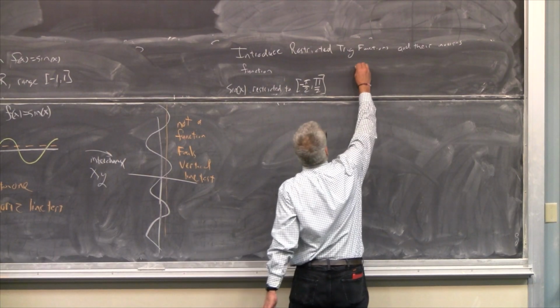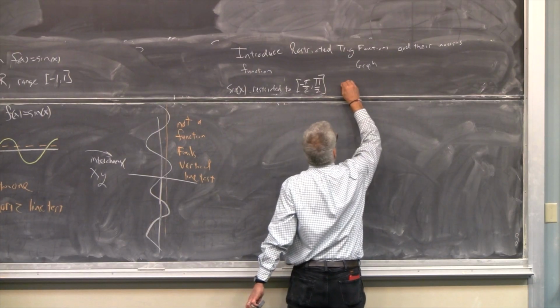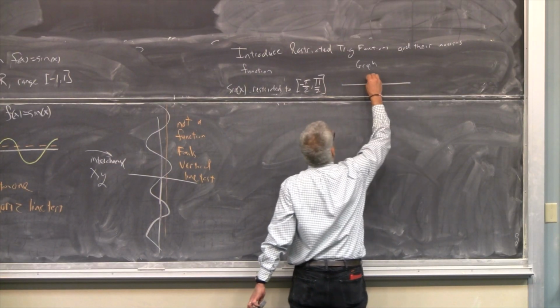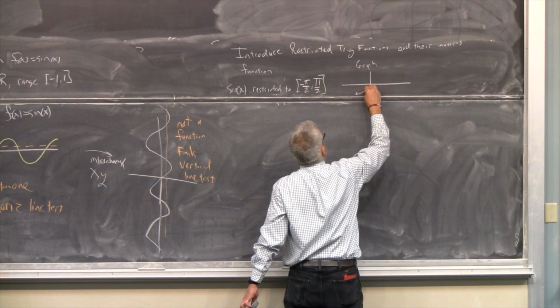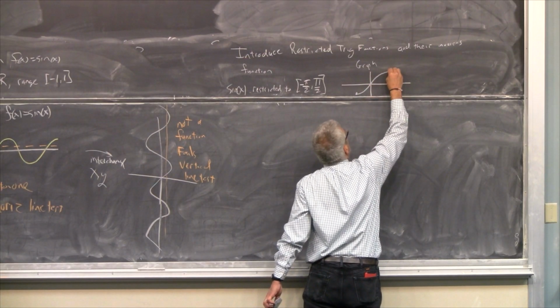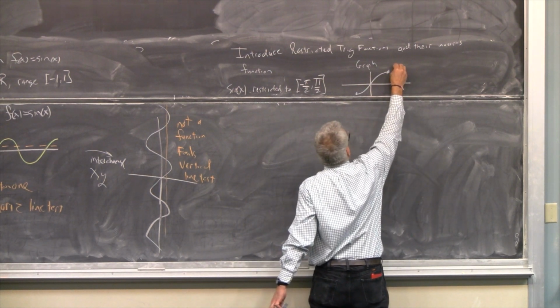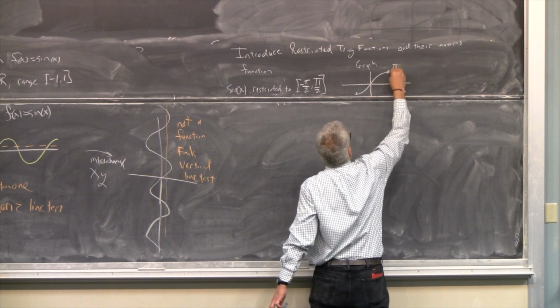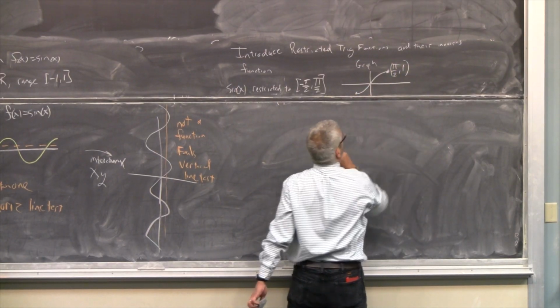So its graph looks like this. It goes through pi over 2 comma 1, and it goes through minus pi over 2 comma minus 1.